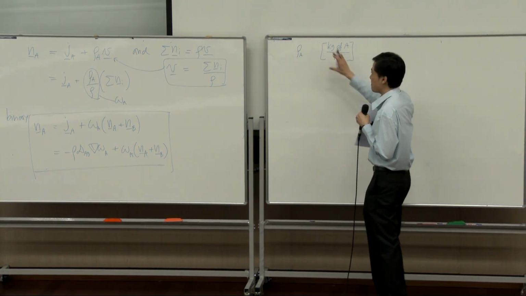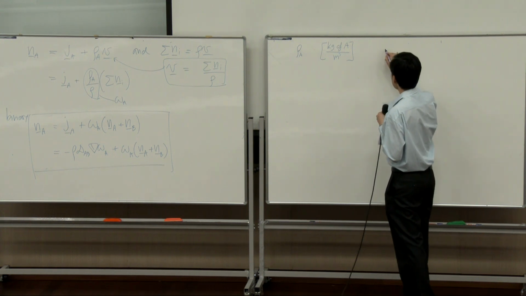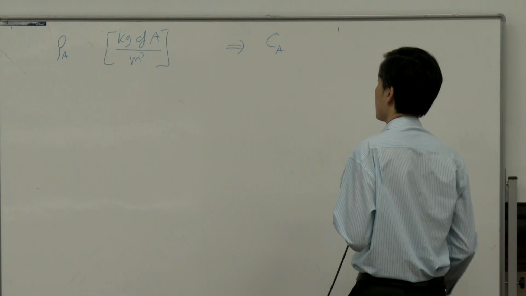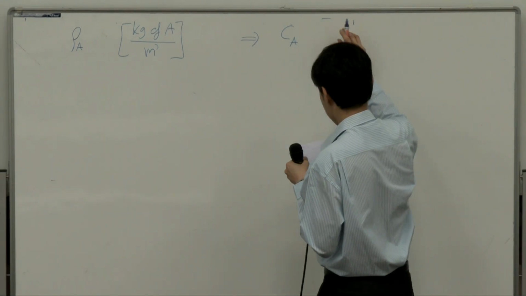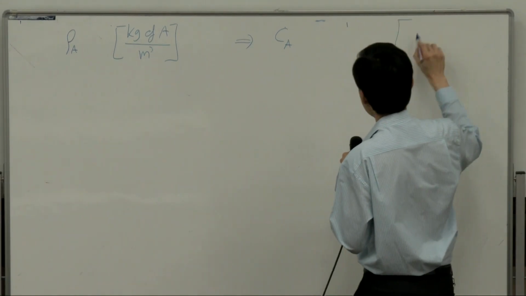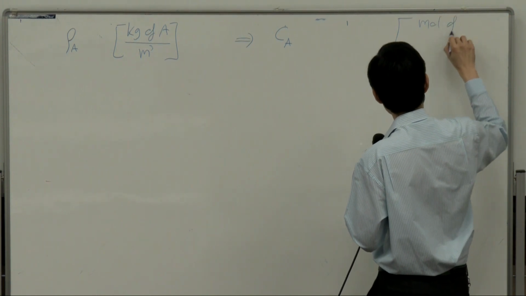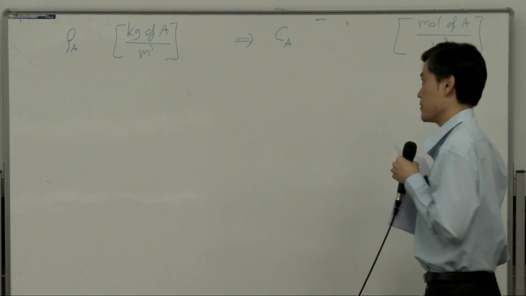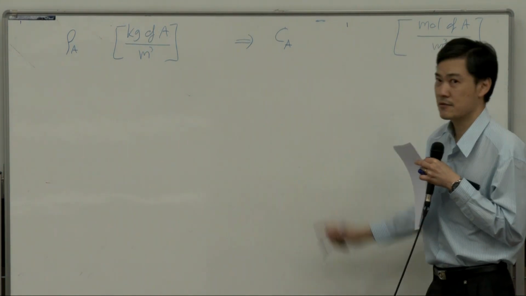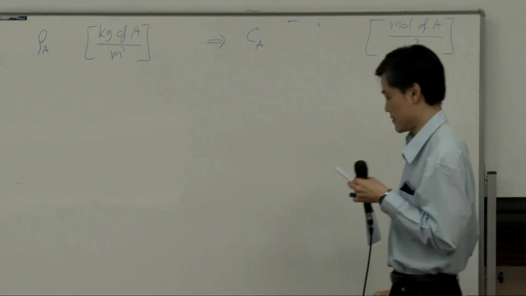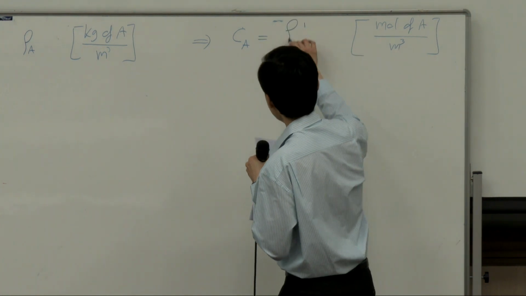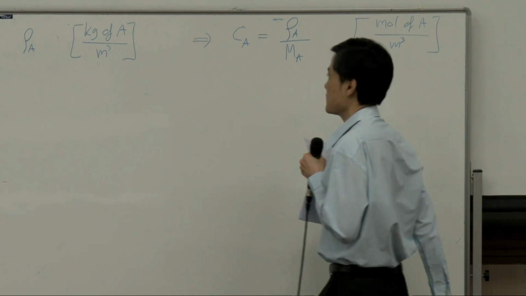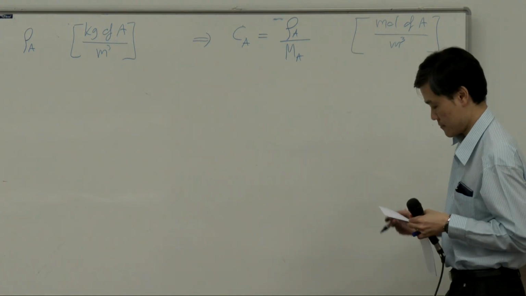I can change mass basis into molar basis. Molar basis would have unit of mole of A per cubic meter, or this is molar, just like in chemistry. Conversion can be done by using mass concentration divided by molecular weight of your species of interest.